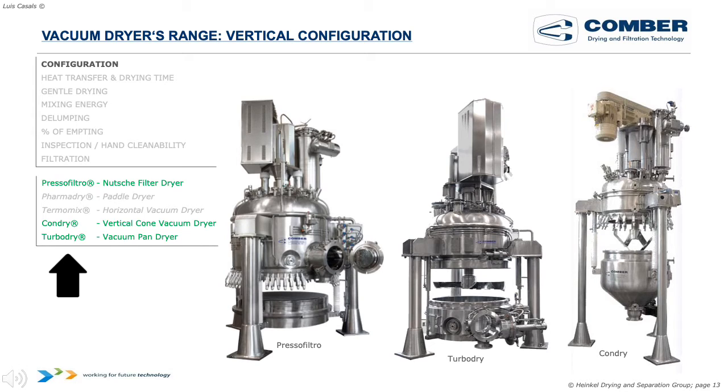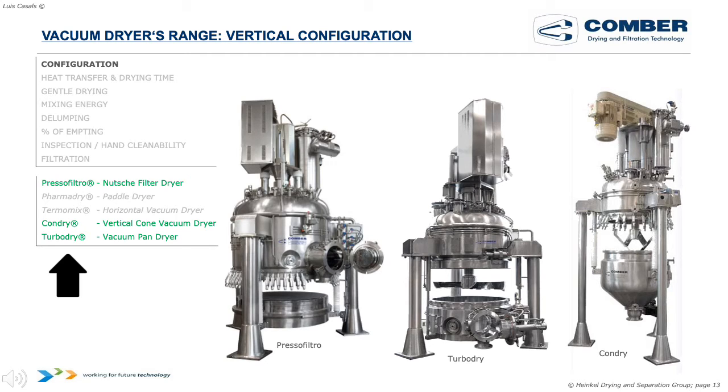Notice that the main difference between all of them is just the bottom. The first one, the Nutsche filter dryer, operates not only as a dryer but also as a filter. The second one works just as a dryer; we've substituted the filtering bottom with a pan.